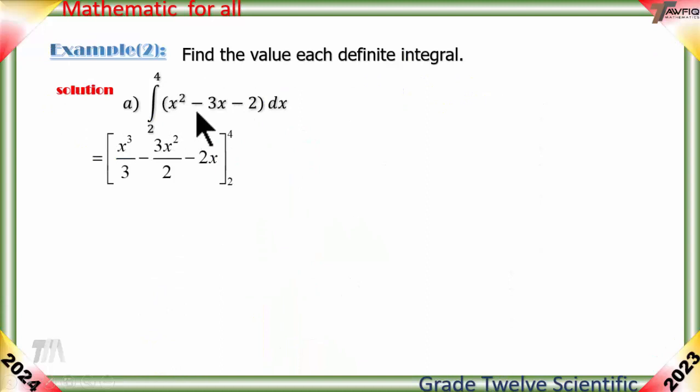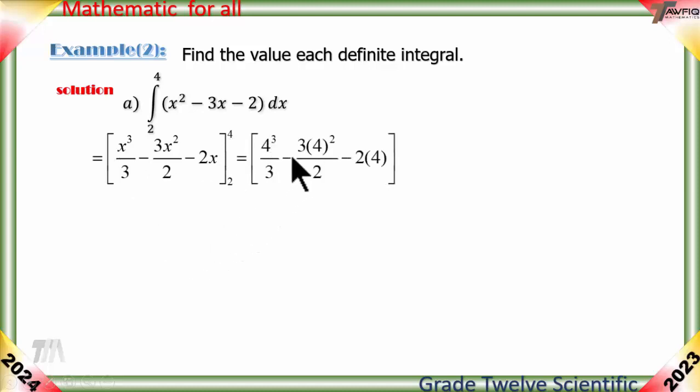Integration from 2 to 4 of x squared minus 3x minus 2 dx. First of all, we must take the integral. The integral of x squared is x cubed over 3, minus the integral of 3x, which is 3x squared over 2, minus the integral of 2, which is 2x, from 2 to 4. First of all, we substitute 4 in place of x.